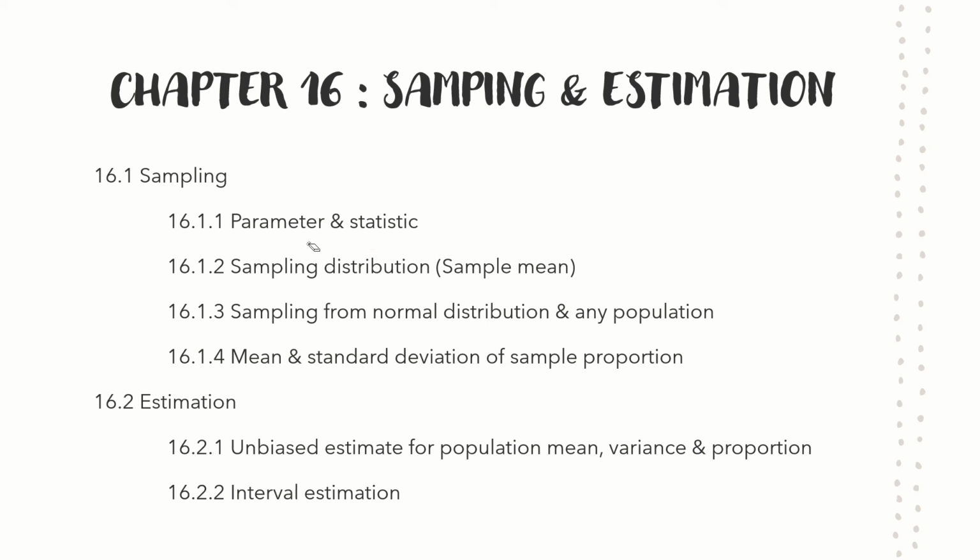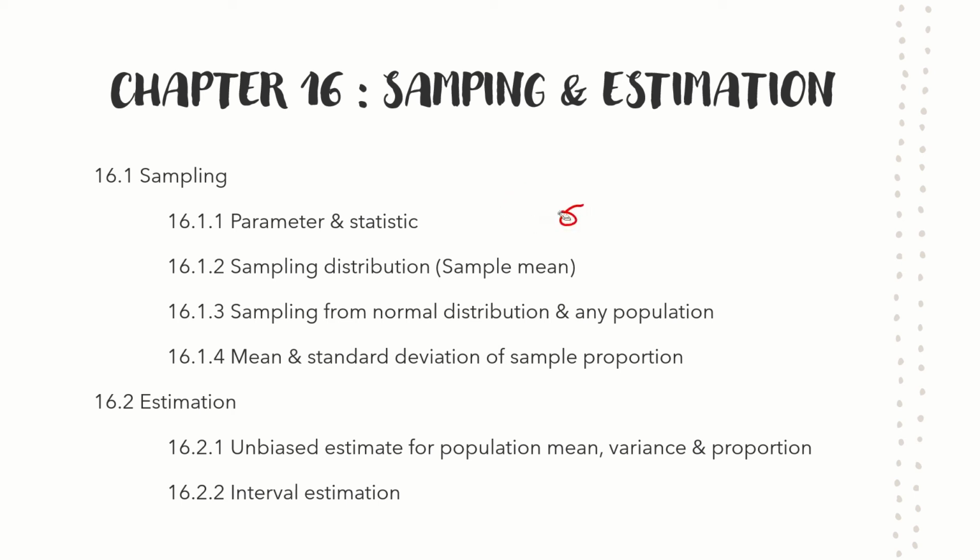So you have to differentiate carefully between parameter and statistic, because if you don't, later in estimation you will get wrong data. Because in this chapter, almost all questions come out as application questions, and they will not give you the symbols directly.